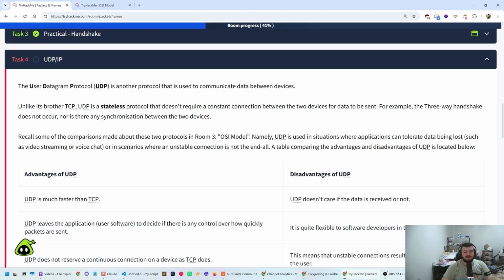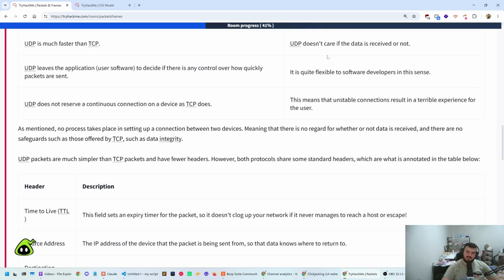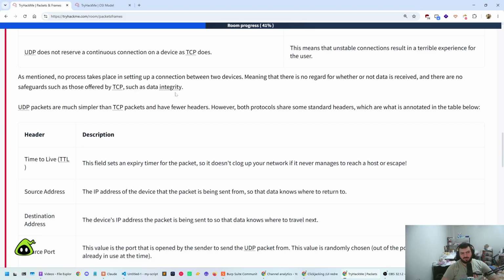Recall some of the comparisons made about these two protocols in Room 3, OSI model. Namely, UDP is used in situations where applications can tolerate data being lost, such as video streaming or voice chat, or in scenarios where an unstable connection is not the end all. A table comparing the advantages and disadvantages, we will not talk about this again. We talked about it in the OSI model video.